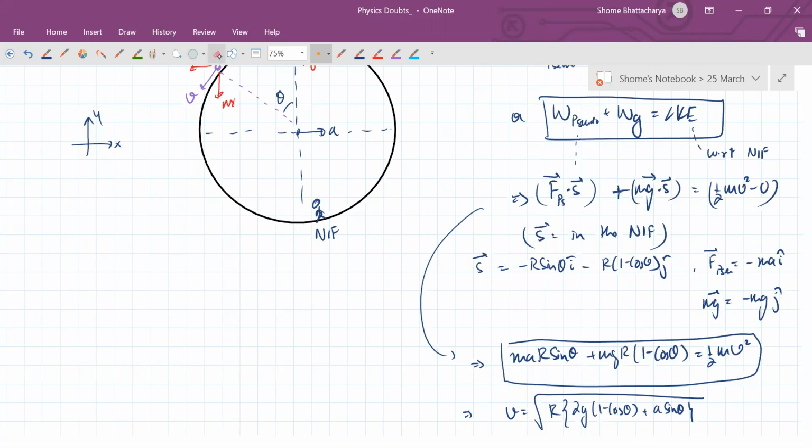Sorry, the 2 comes outside. So 2 comes from this half mv square term.